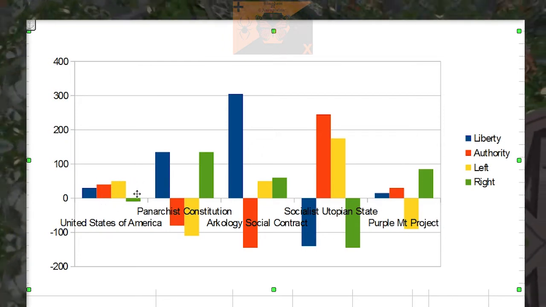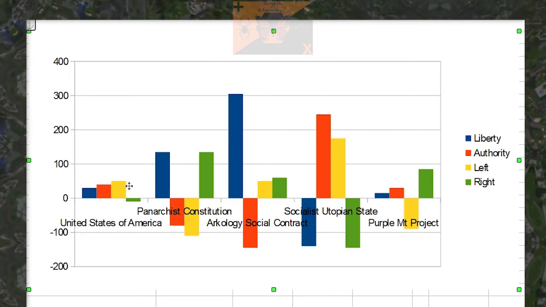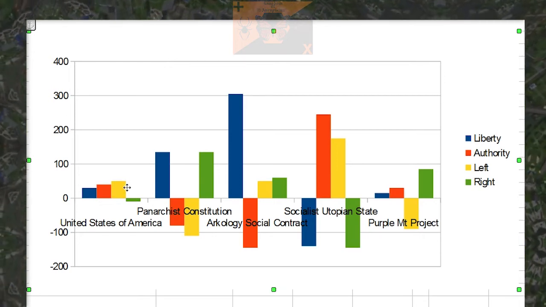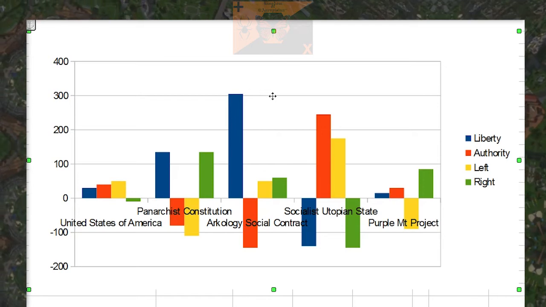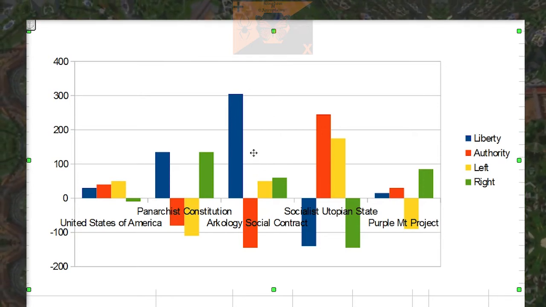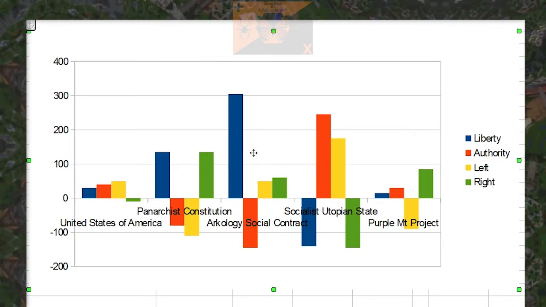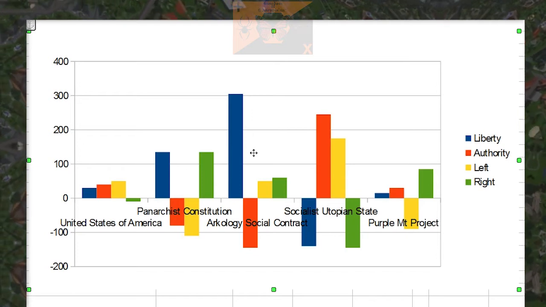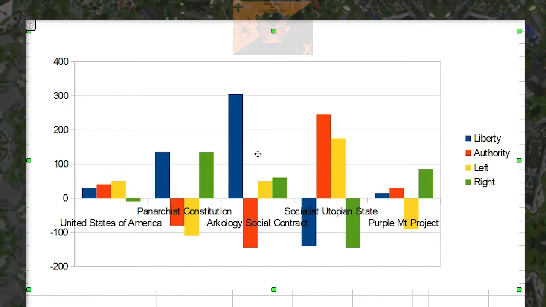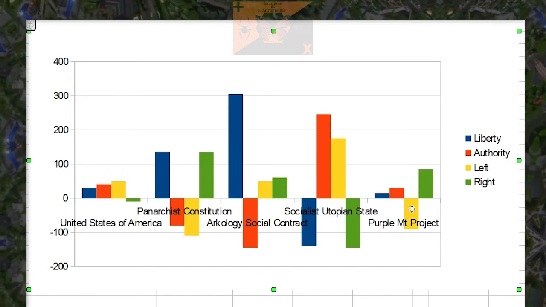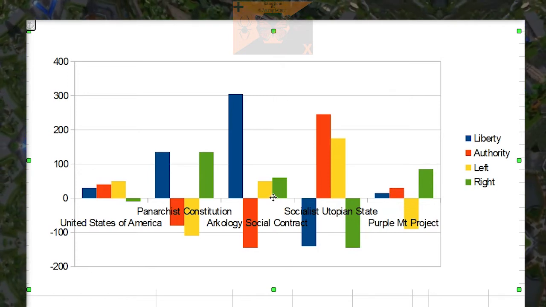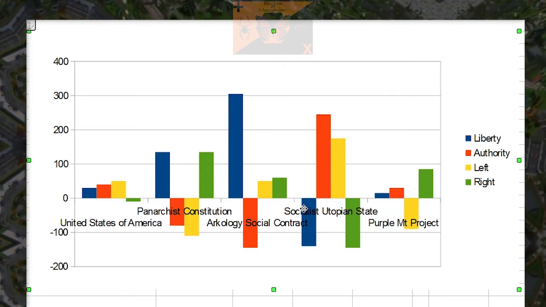Very centrist, which I think everyone could probably agree with. Unfortunately, I hate centrism. Lib-center is so much better. It's such a better way to organize society. And the Purple Mountain project, once again, kind of wonky, not completely finished, but that's okay.